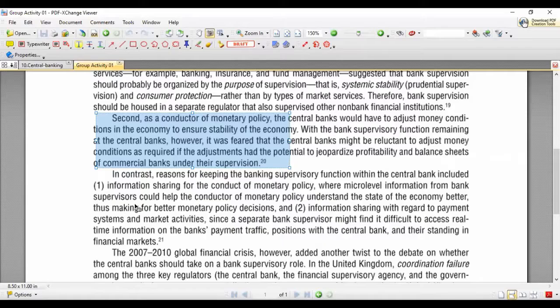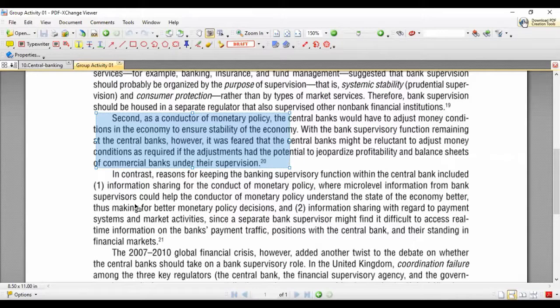Maybe one particular farmer, one particular entrepreneur, or another single party in the economy. All these single micro agents are directly in contact with the commercial banks, not with the central bank.